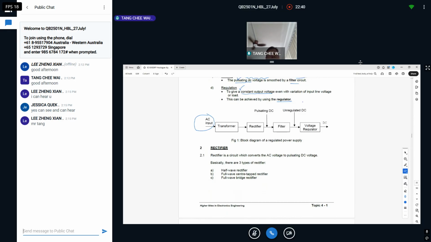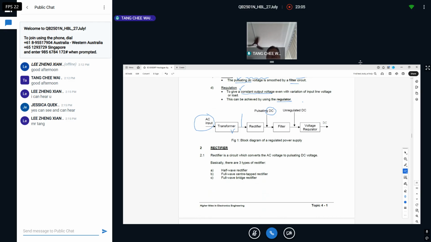Your transformer, remember, steps down the voltage. After you step down, you need to convert from AC to DC. That's why you get a DC here.